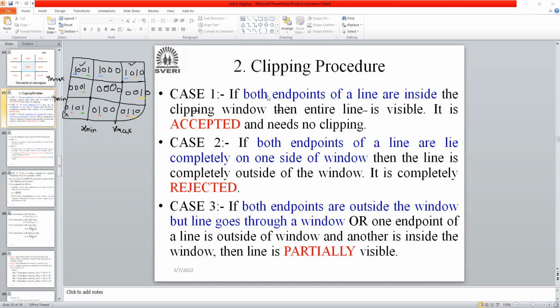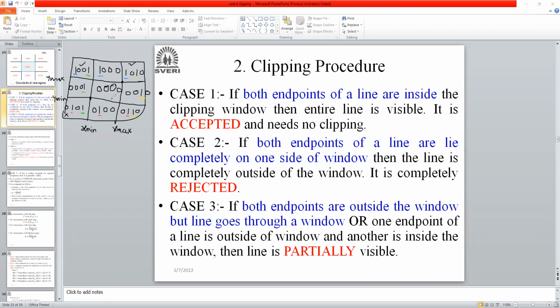First is if both endpoints are inside the clipping window. What will happen if both the endpoints are inside the clipping window? Completely visible. Yes, the line is completely visible.